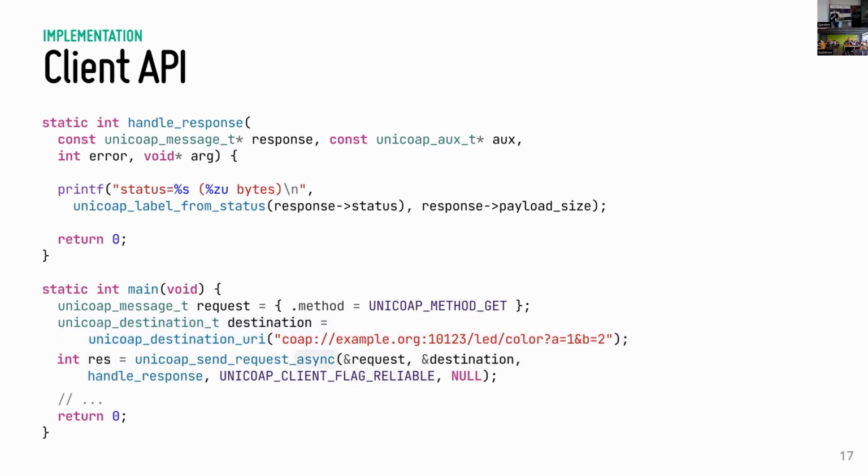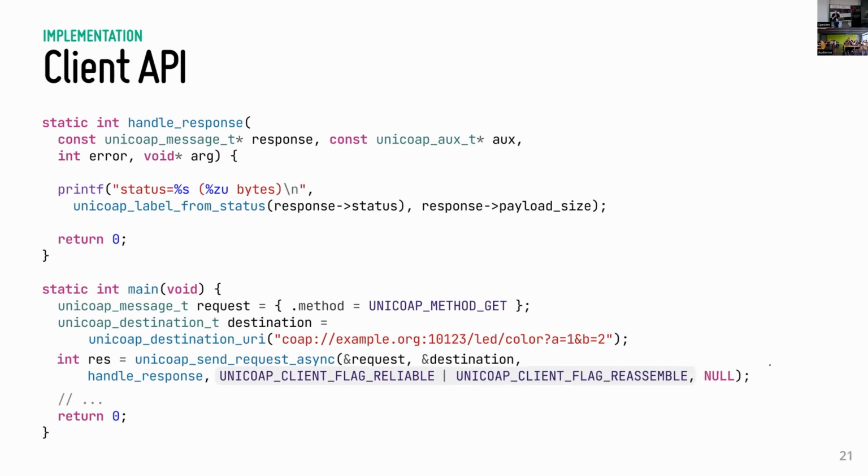We also support synchronous and asynchronous requests using the regular event queue. We abstract the reliability mechanism that's used by CoAP over UDP using flags you can supply when initiating a request. For example, the reliability flag implies unicoap needing to use confirmable messages if UDP or DTLS are used.